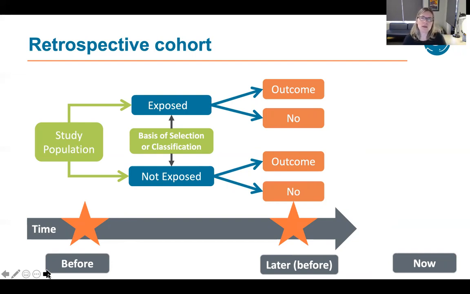So if you then go back in the charts and identify those individuals who had a prenatal diagnosis and those who did not, and you also abstract, before you started your study, the infant's weights at 6 months of age, that would be an example where both the exposure and the outcome of interest have occurred in a retrospective fashion. So that's a retrospective cohort study. Both the exposure and the outcome have already occurred.